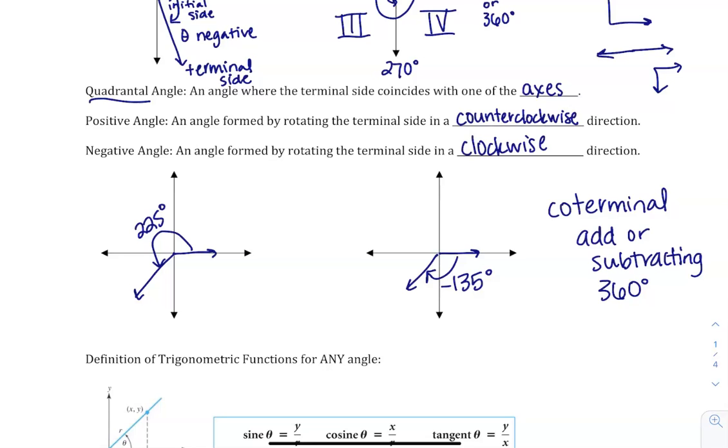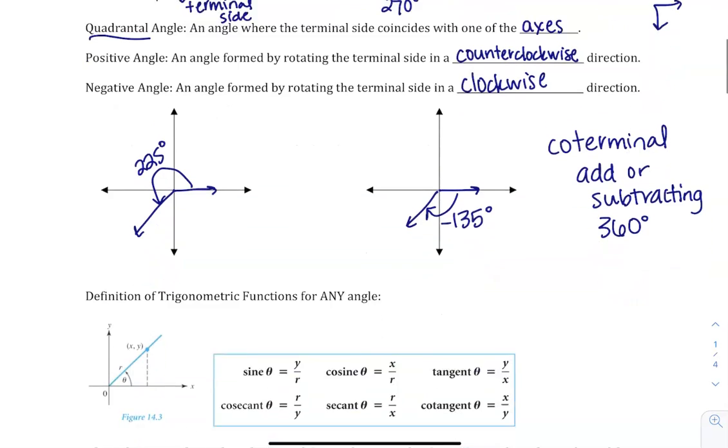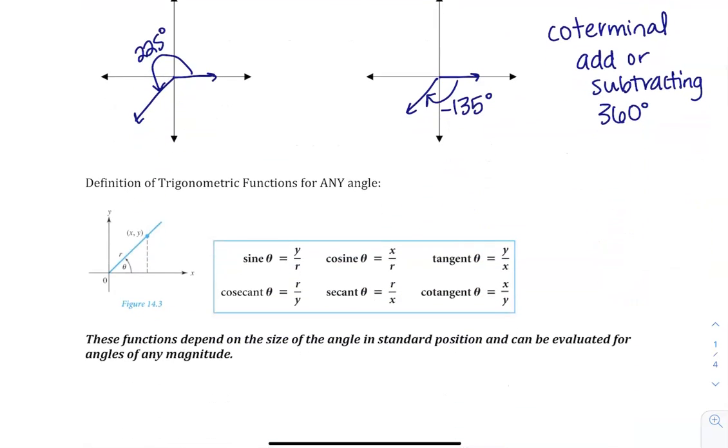So now that we have angles that aren't in triangles, how are we going to be able to define the trig functions for them? We still will have sine, cosine, tangent, cosecant, secant, and cotangent, but now our angles can be any value. Well, let's connect it back to a right triangle.